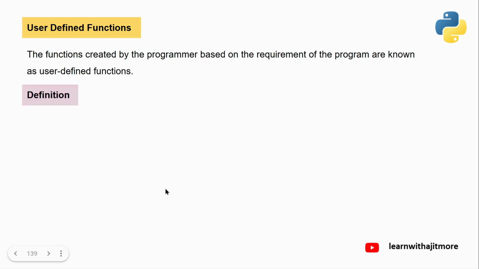ठीक है? अब define कैसे करते हैं उसका syntax में quickly बताता हूँ. How we define a function in Python. So we have to write def keyword. Def is a keyword. Okay? Def keyword indicates that from here the definition of function starts. Then you have to give name of the function. ठीक है?